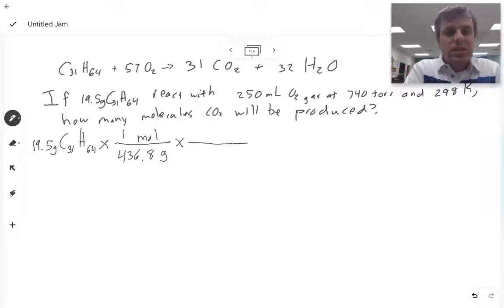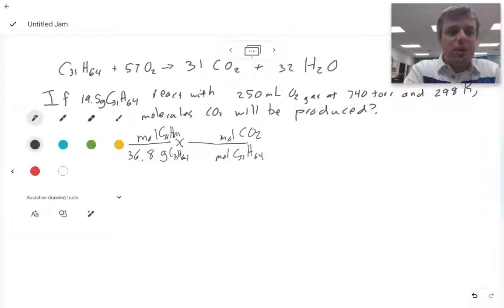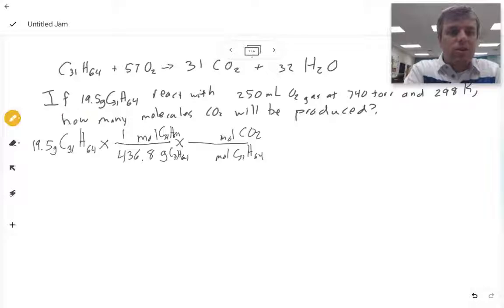And then our next step is to go from moles of C31H64 to moles of CO2, because that's what it's asking us about in the problem. So you'll notice that our coefficients here, this is understood to be a 1 in front of the C31H64. And there's 31 in front of the carbon dioxide.